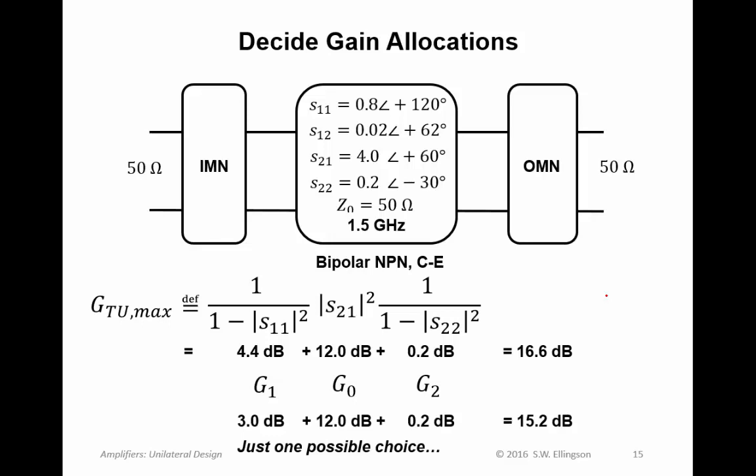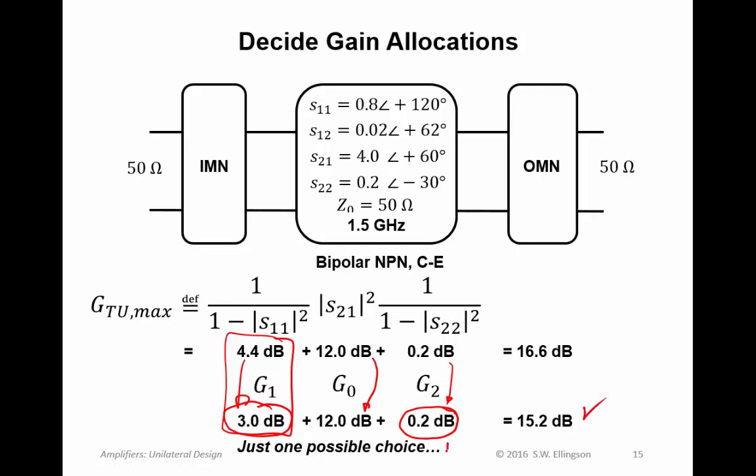One way to do that, just one possible choice, is to make the input mismatch factor 3 dB, that's down from 4.4, to make the output mismatch factor 0.2, keeping it the same. And we can't do anything about G0 because that's just the intrinsic forward gain, so that's 12 dB. If we make just this change, then we get the specified gain of 15.2.